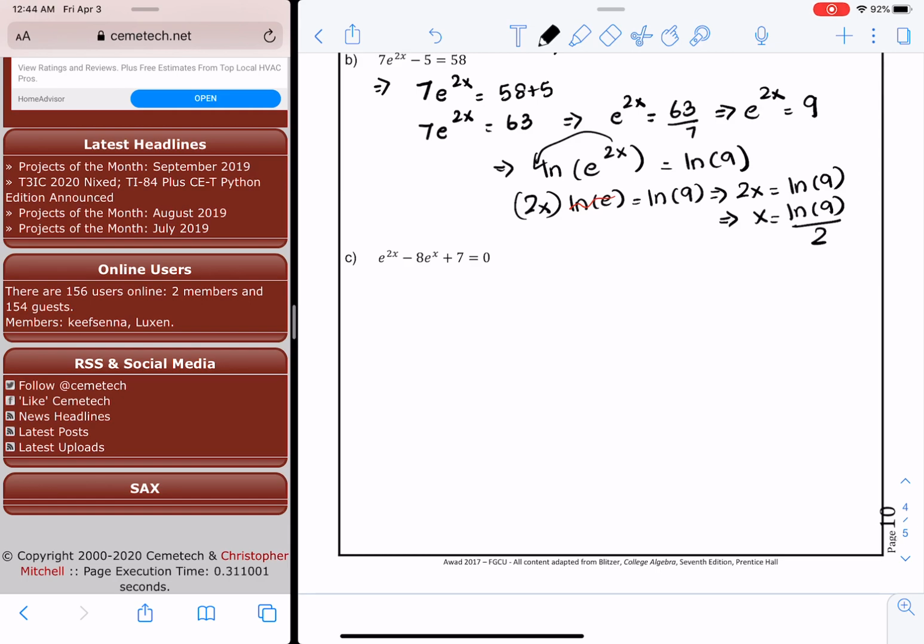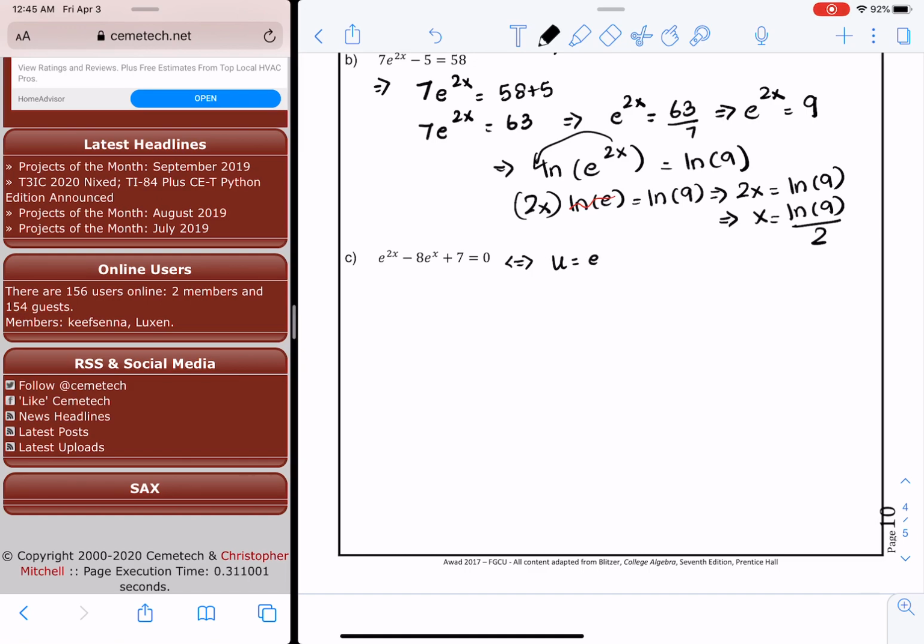Part C looks like a problem that we just couldn't solve because there is no way we could isolate only exponentials raised to the power of some x and the numbers to the other side. It is just not possible no matter how hard you try. But in a problem like this, you should realize that I could do something called substitution.